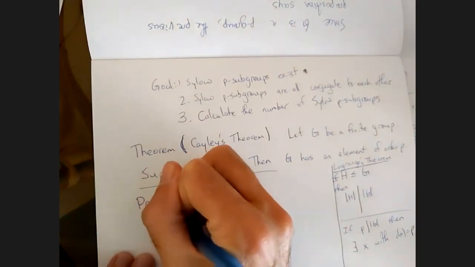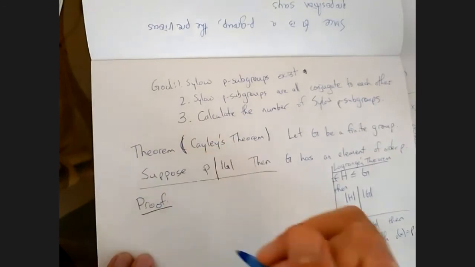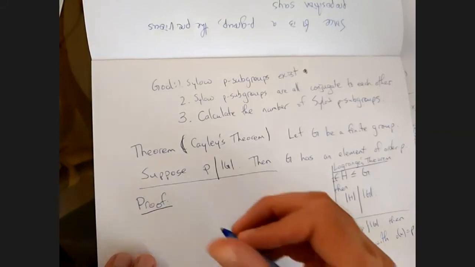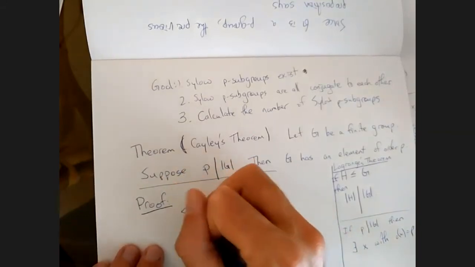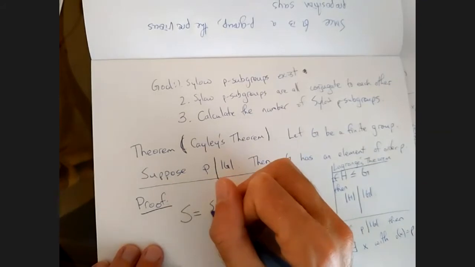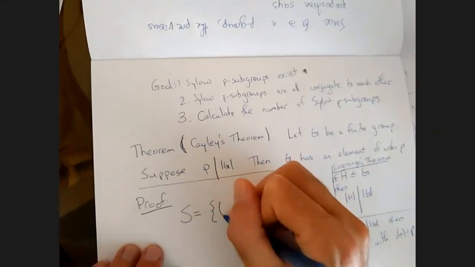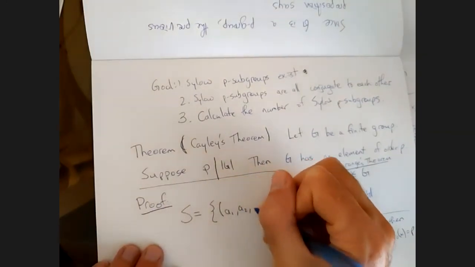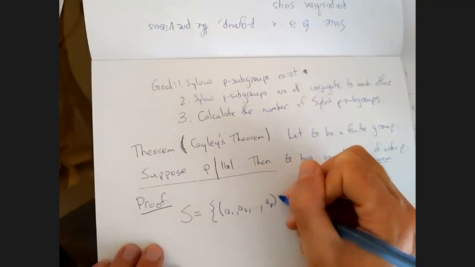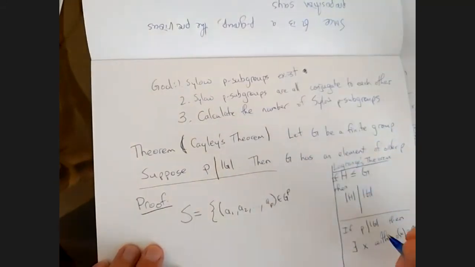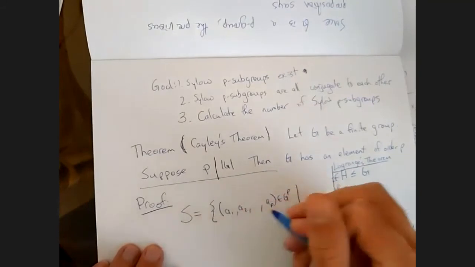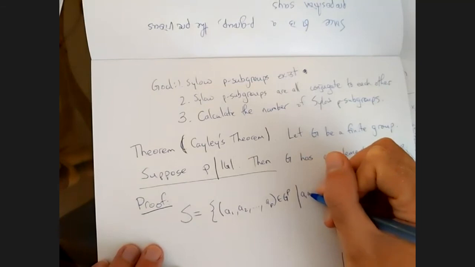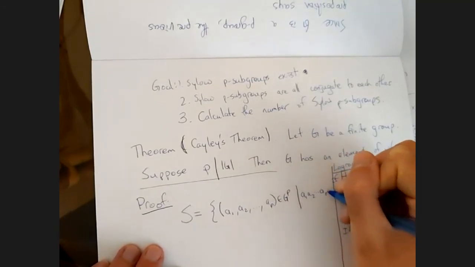Let S be the set that our group acts on. The set S is going to be the P tuples, G to the P, of group elements such that when I multiply them all together, I get the identity.